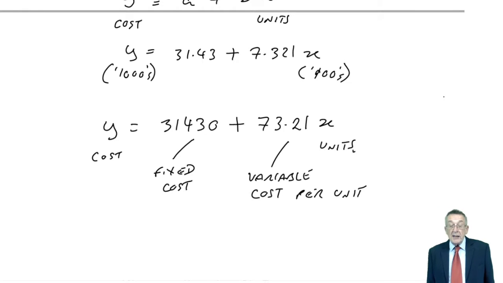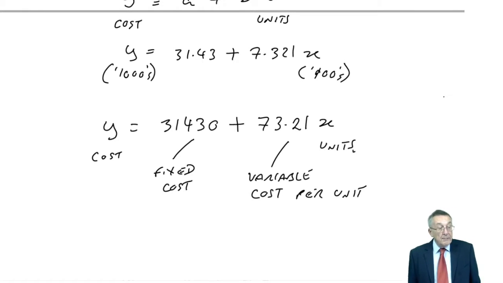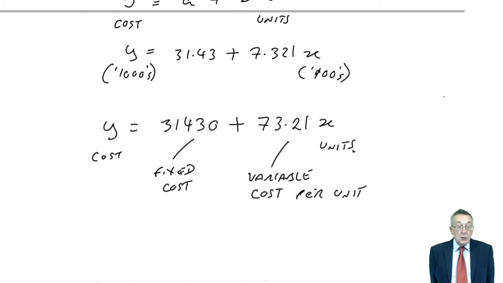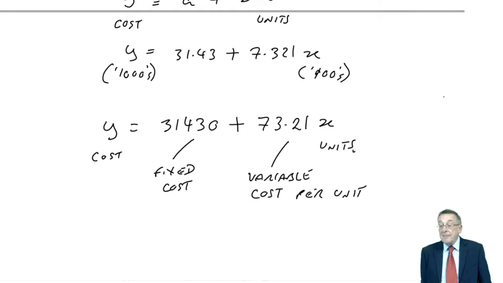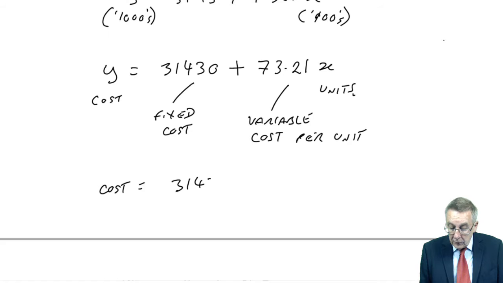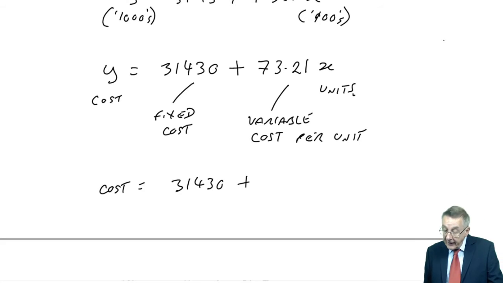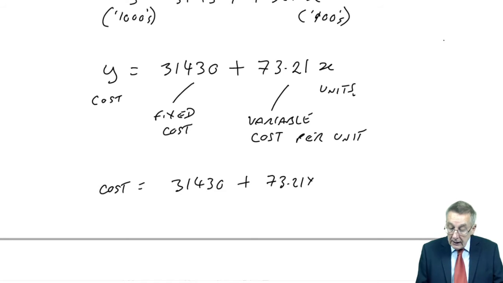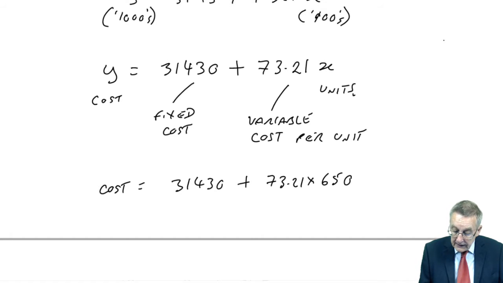And just as with high-low, we can now use it for forecasting. Look at exercise 3. It says calculate the estimated total cost if the forecast output level is expected to be 650 units. Well, no problem. Just like with high-low, stick it in the equation. The expected cost would be a fixed 31,430 plus variable 73.21 per unit times the number of units. It wants us to do it for 650.